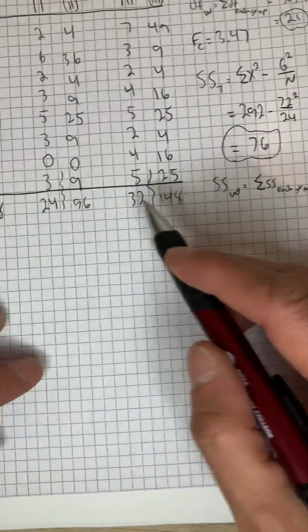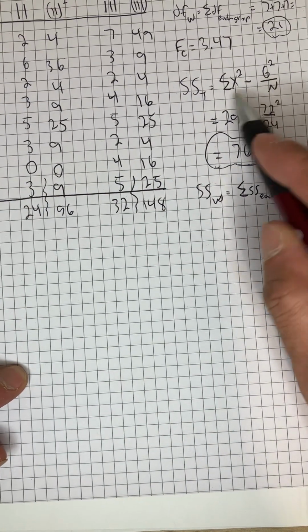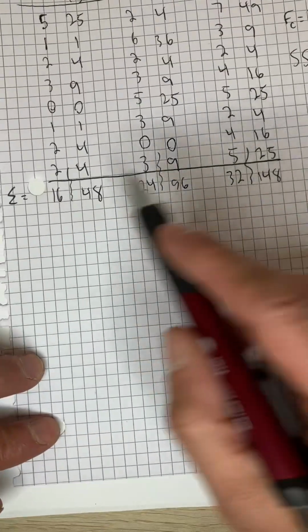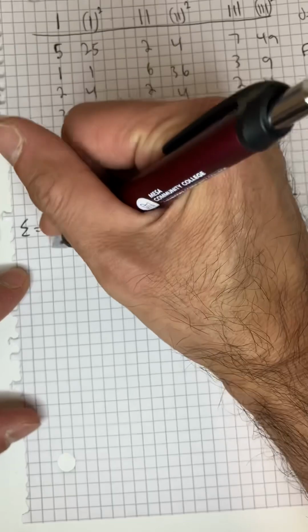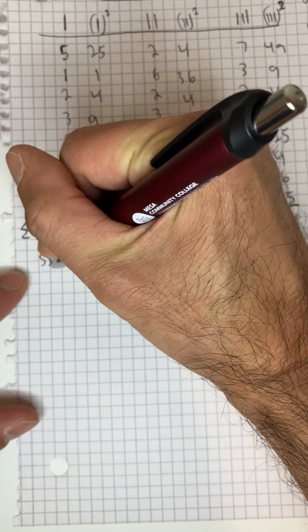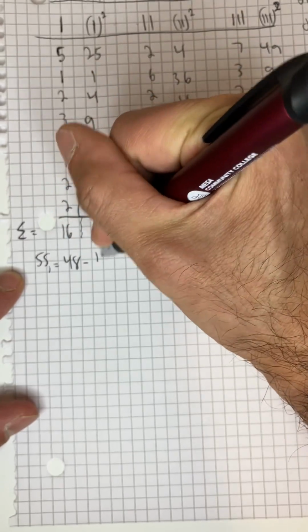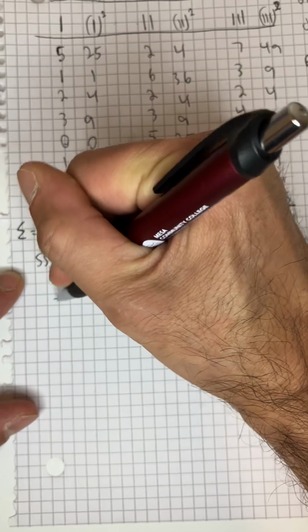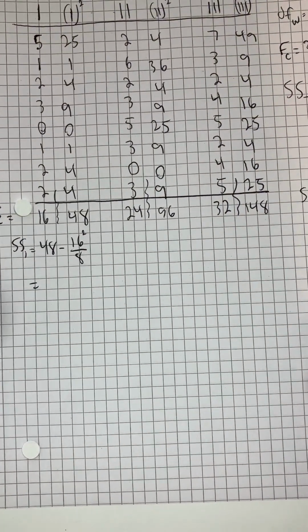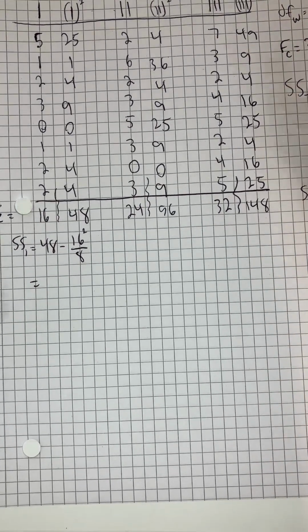We apply the traditional sum of squares formula to each one of these groups. Let's start with the first group: 48 minus 16 squared over 8. That is 16.